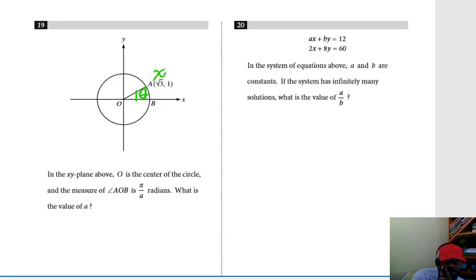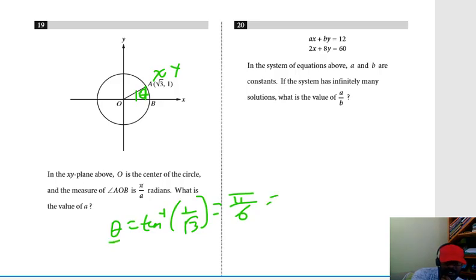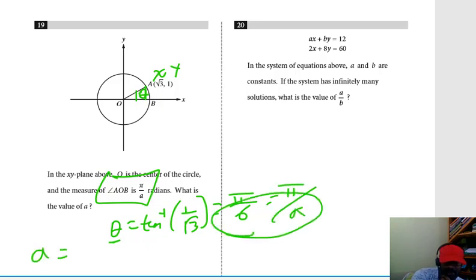Since I have the x and y, adjacent and opposite, I can use tan. So theta is equal to tan inverse of y over x, which is 1 over 3. This is given by 30 degrees, which is pi over 6. This theta is the same as the given angle AOB, which is pi over a. So the value of a will be 6.